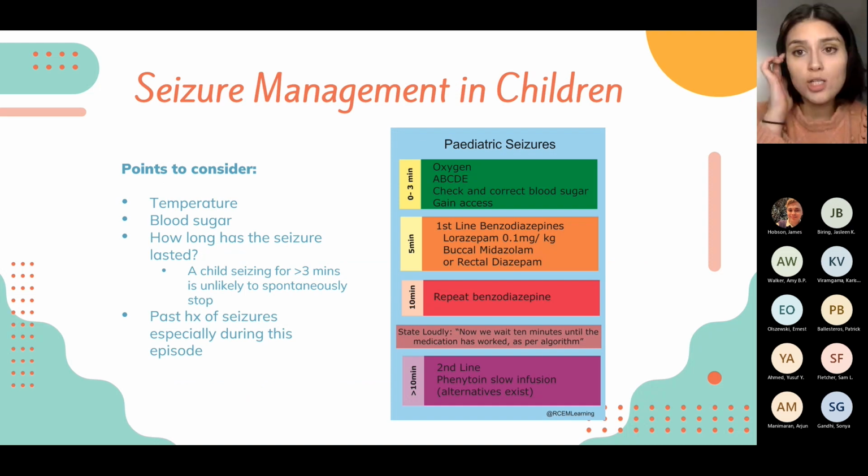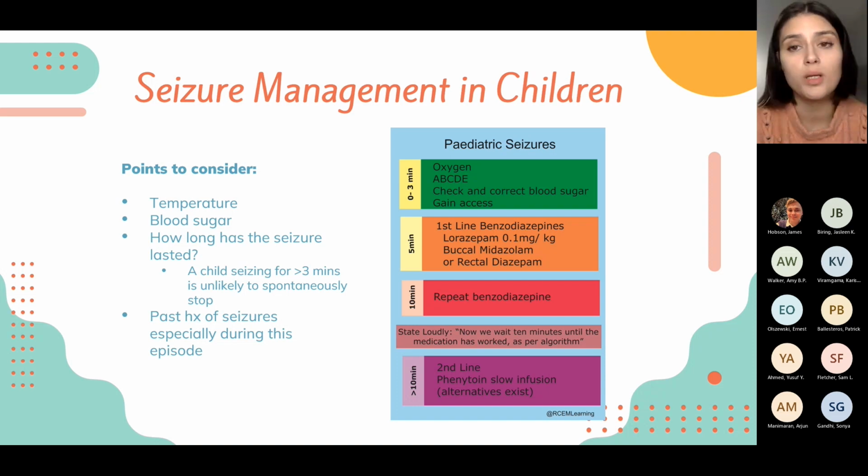So managing seizures in general in children, if a child has come into the ED and is still seizing, or you see a child have a seizure on the ward, then this is the kind of algorithm you want to follow. So obviously, the initial thing to do is to administer oxygen and do your A to E assessment as normal.